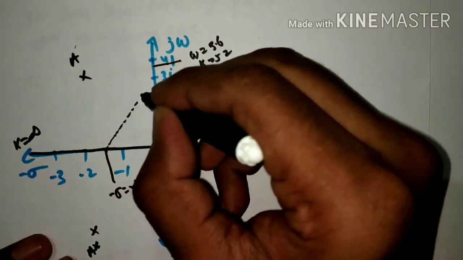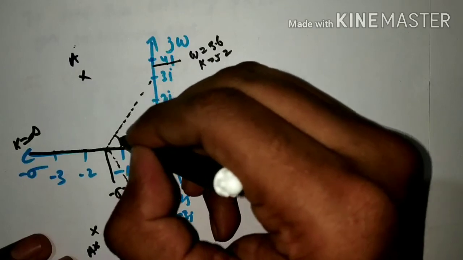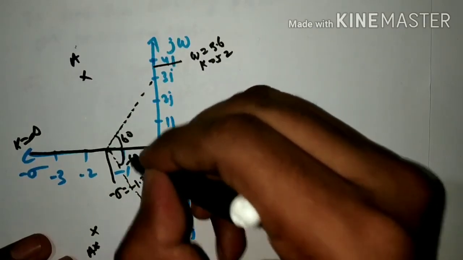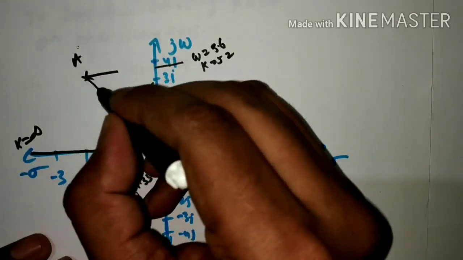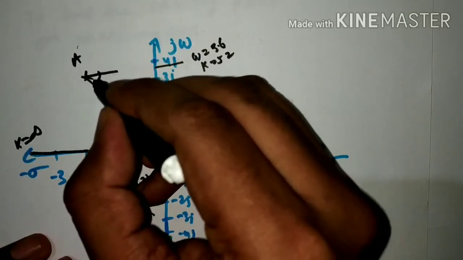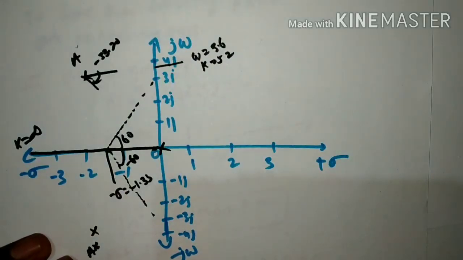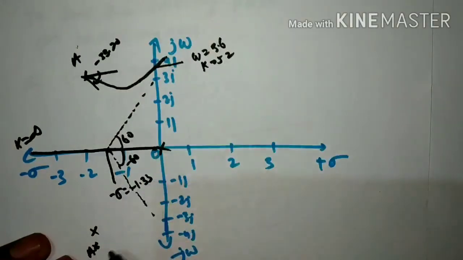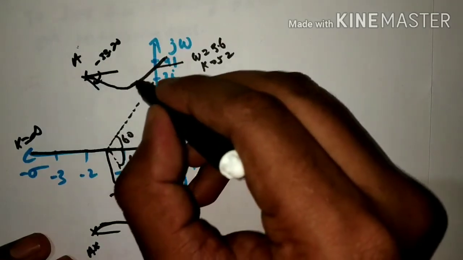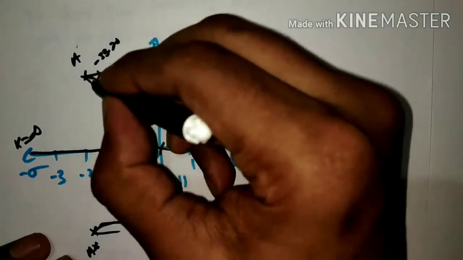Your root is moving at an angle of minus 33.7 degrees, like this, and here also your root is moving. So this is the root locus path.